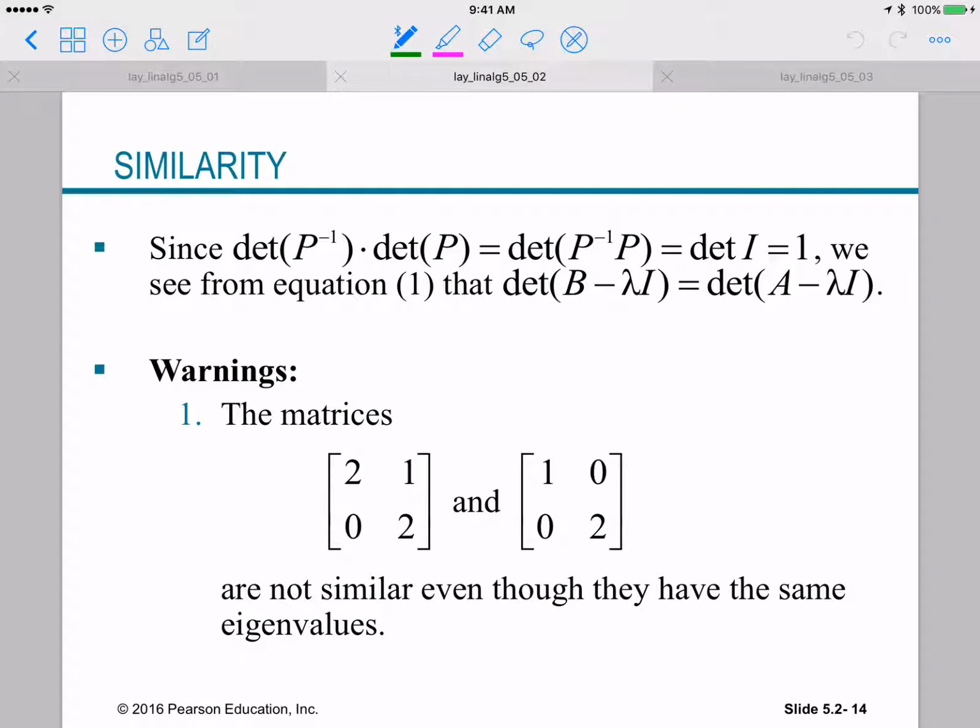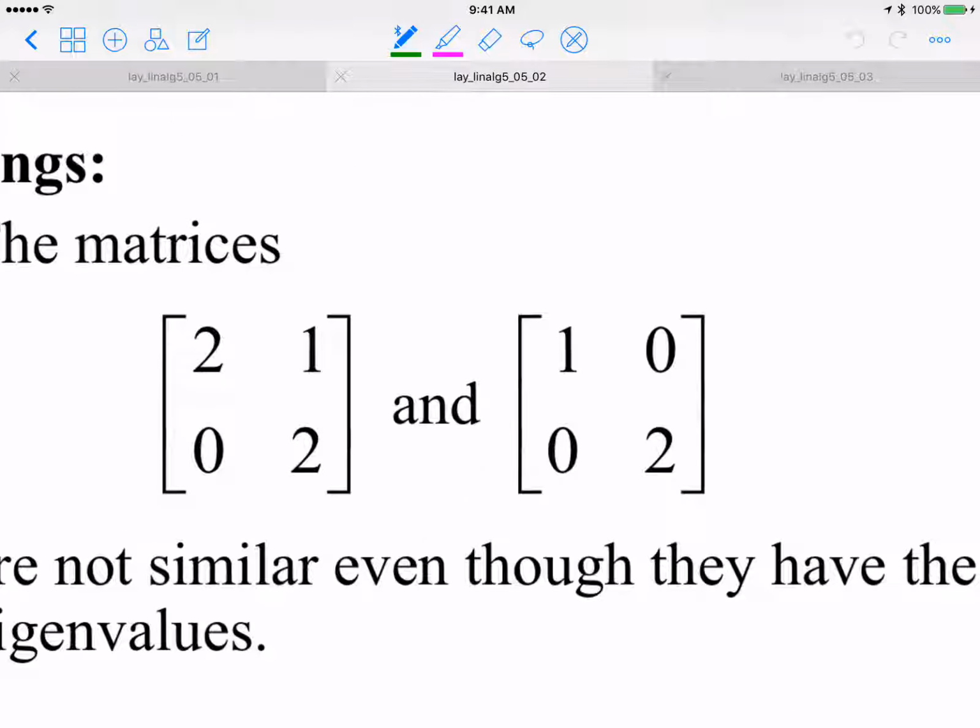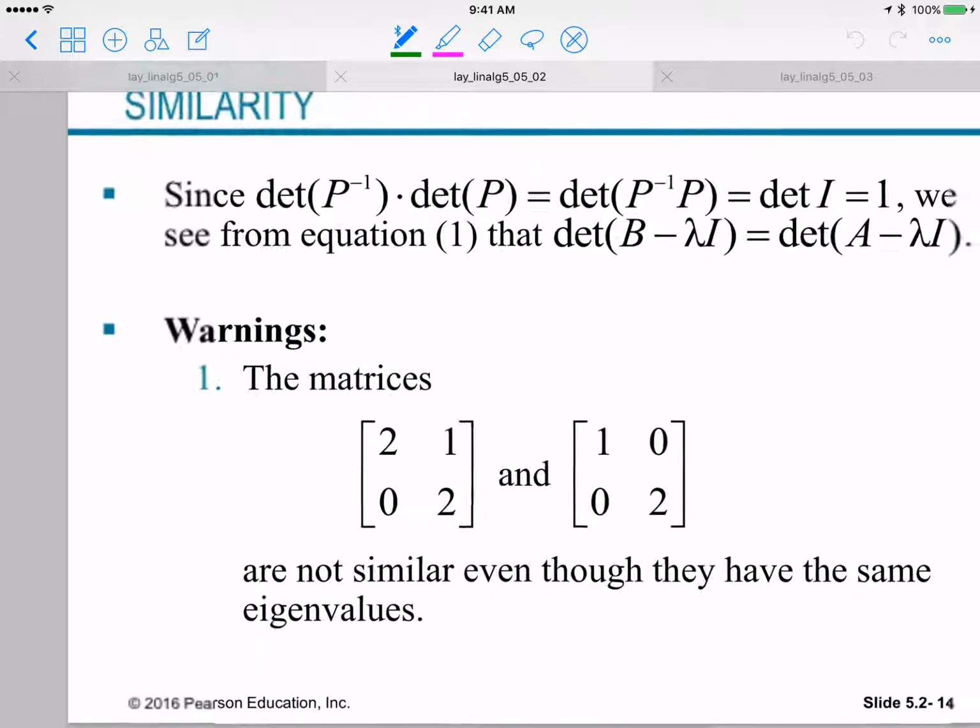Let's look at the meaning of it by using one example. There is a warning in this slide, and that warning is saying that these two matrices are not similar.